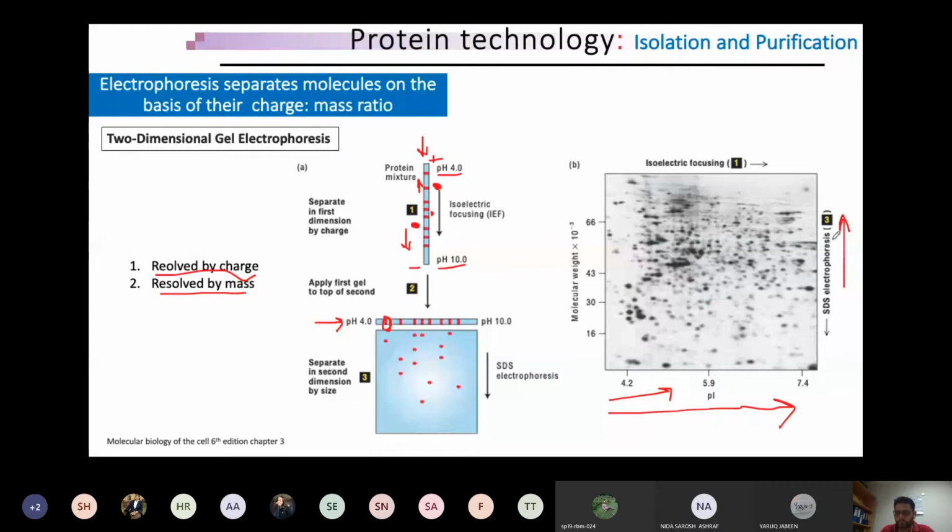On the other hand, there are proteins which are arranged vertically on the basis of their... what is this one? Mass. Molecular weight. Yes, molecular weight or mass.